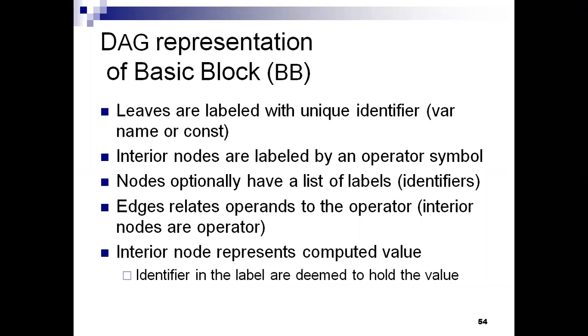I think you all understand: initially we need to construct the DAG, then only the optimization can be done. So the DAG is constructed for this basic block, and then the transformation can be applied.